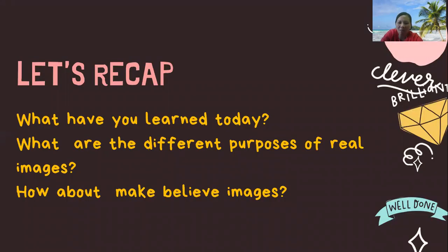Let's do the recap now. What have you learned in our lesson today? Oh, wow, I feel pretty good because you have learned a lot. Of course, we learned about images, the kinds: the real images and the make-believe images. And what are the different purposes of real images? The first one is to educate us, to entertain, to tell stories.